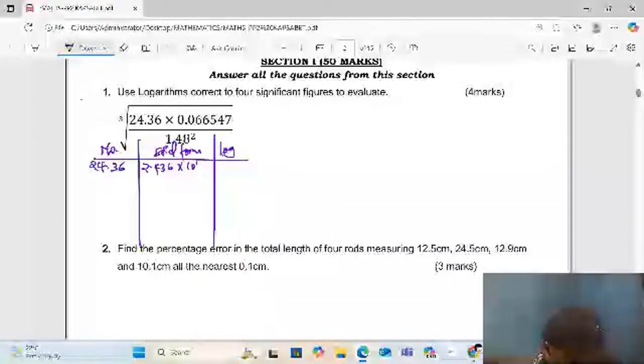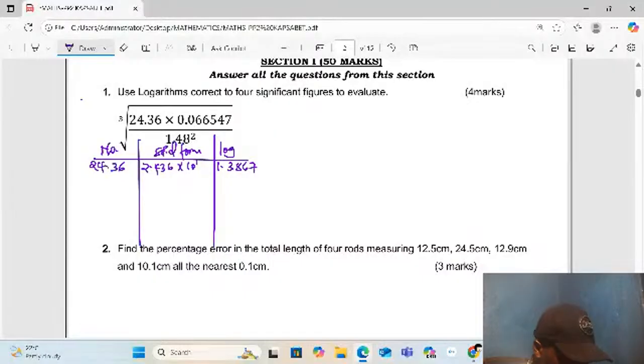That means our log will start with 1 point. Then we'll look for the log of 2.436, and we shall have 3867. So our log for 2.436 times 10 power 1 is 1.3867.